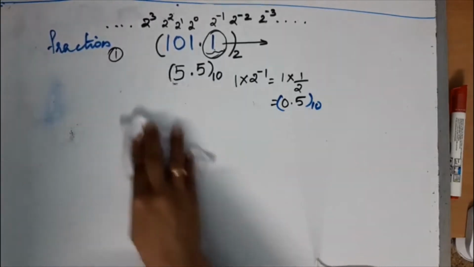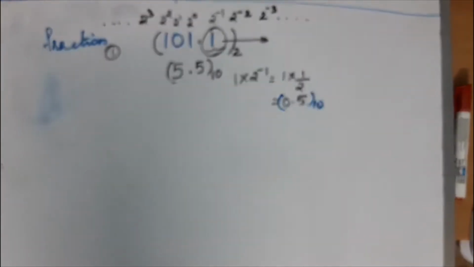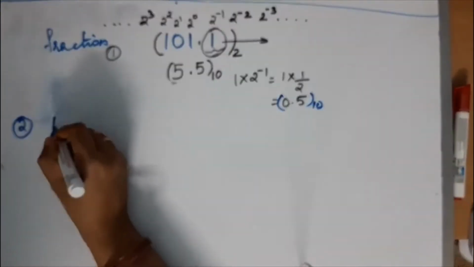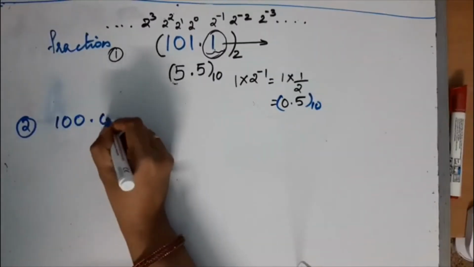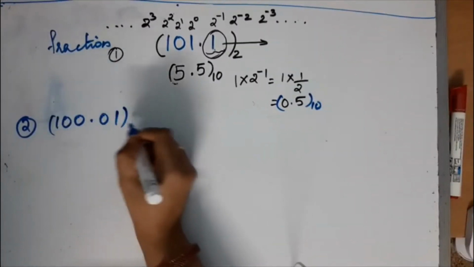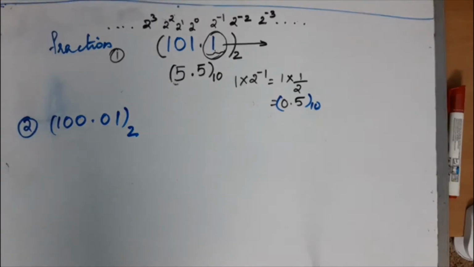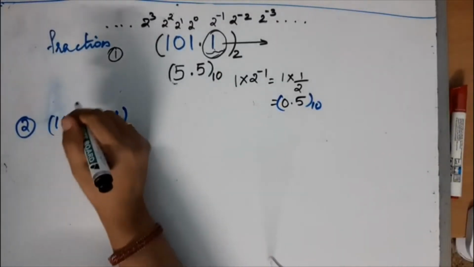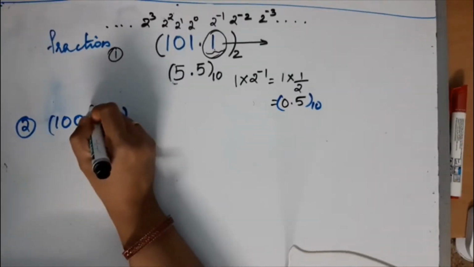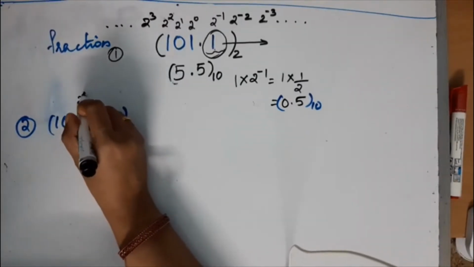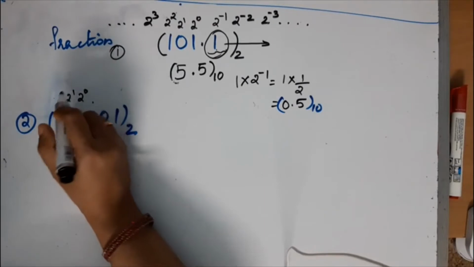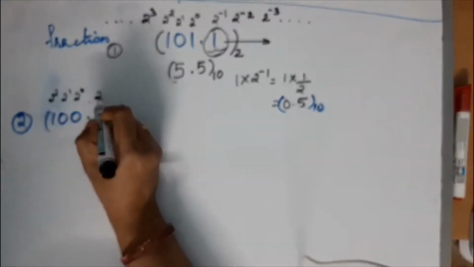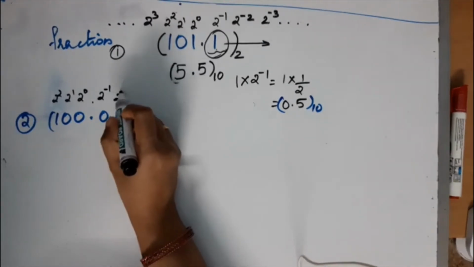To avoid confusion, we'll write it here: 100.01 to the base 2. Here it is 2 raised to 0, 2 raised to 1, 2 raised to 2. Here it will be 2 raised to minus 1 and 2 raised to minus 2.